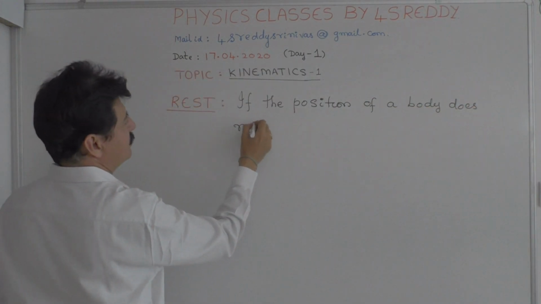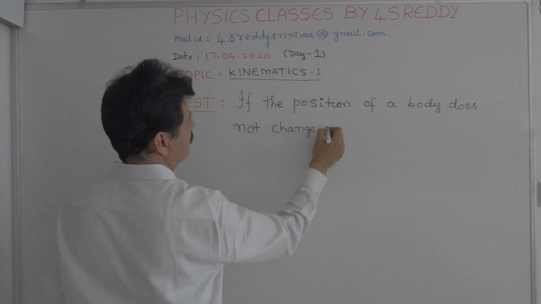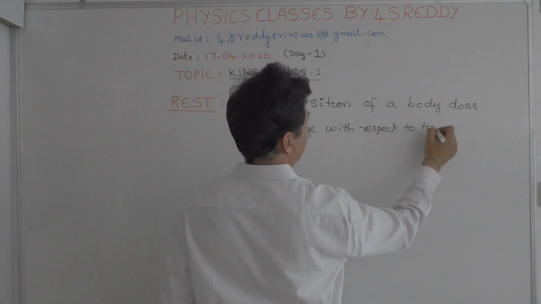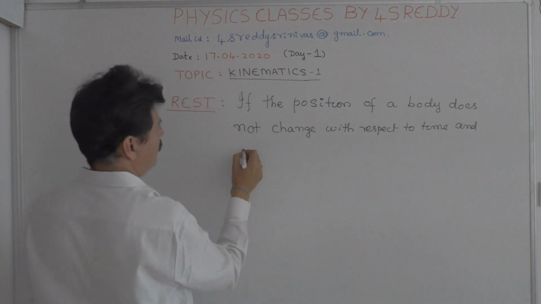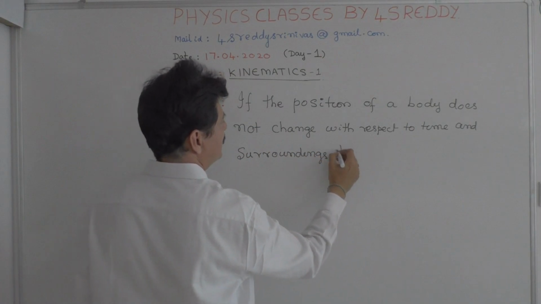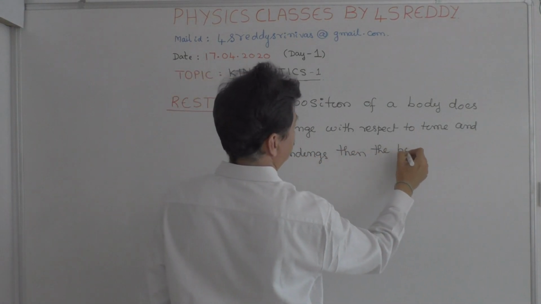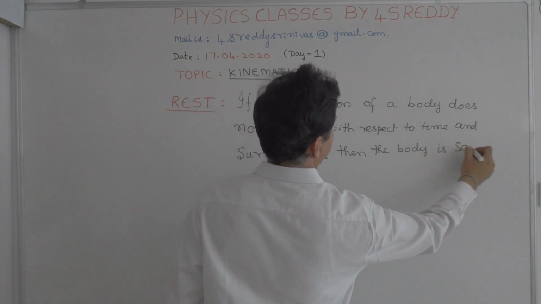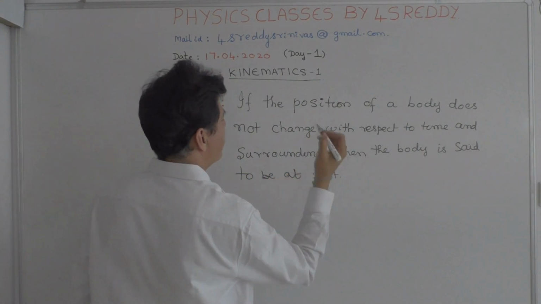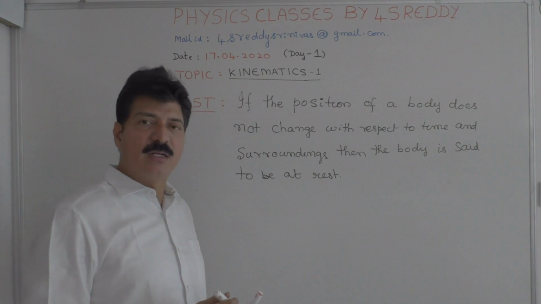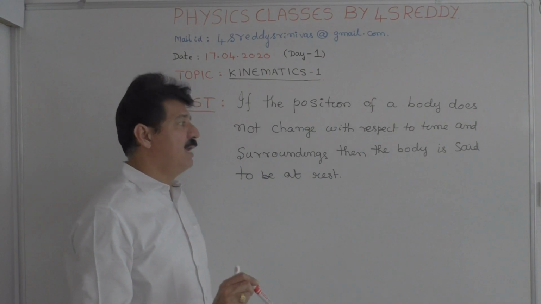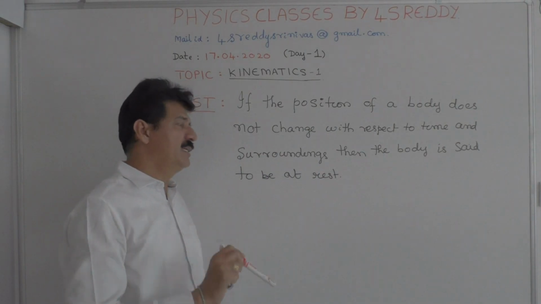So, this is the first definition that we have to learn: if the position of a body does not change with respect to time and the surroundings, then the body is said to be at rest.